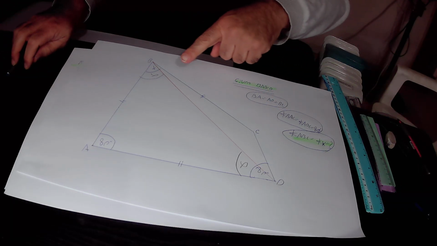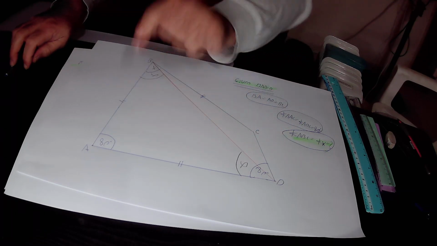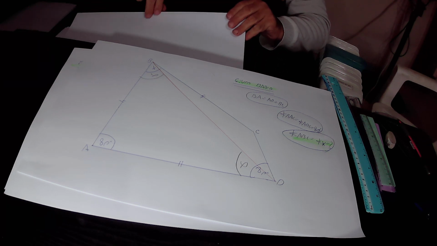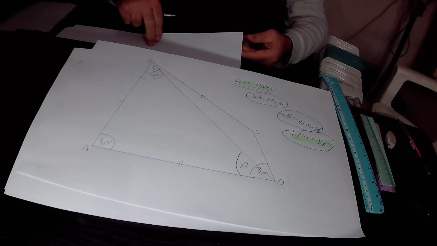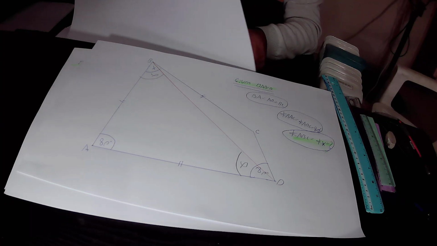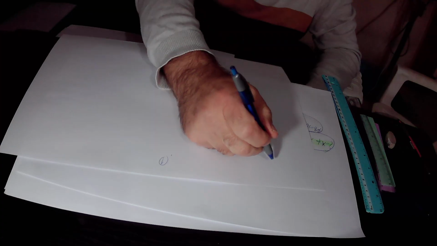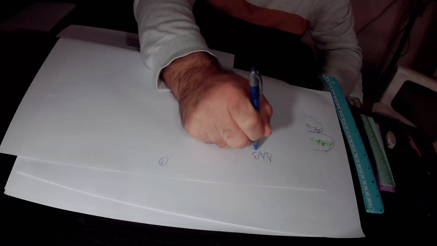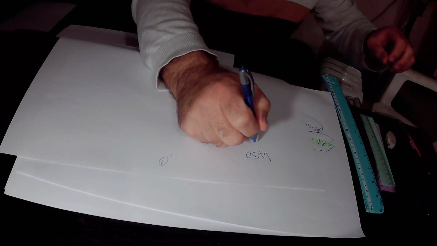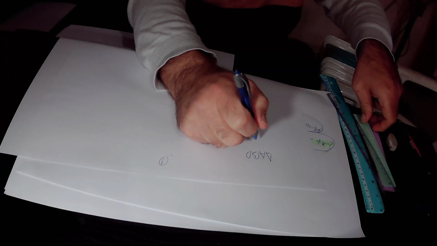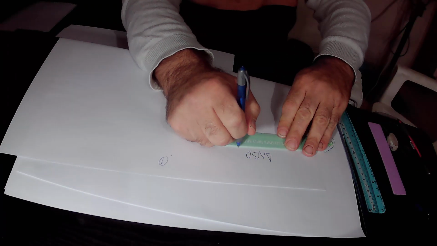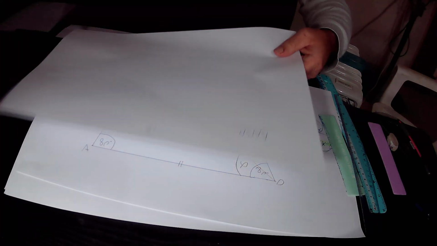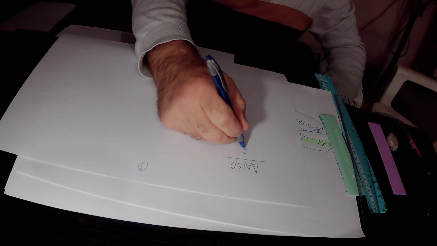This is to say alpha plus alpha plus 80 degrees in total must be equal to 180 degrees. So 2 alpha plus 80 degrees in total must be equal to 180 degrees.